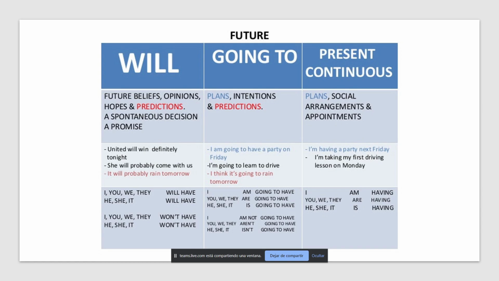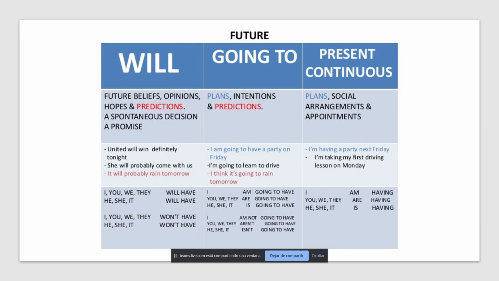For example, "United will win definitely tonight," or "She will probably come with us," or "It will probably rain tomorrow." As you can see, we have here the word "probably." So it's a prediction, but it's not sure that it's going to happen.